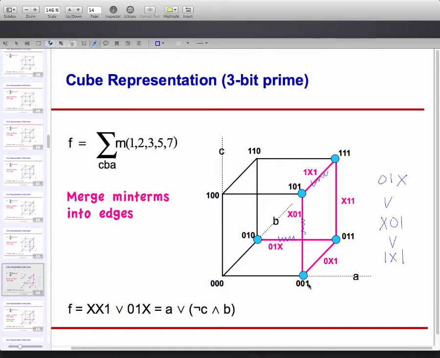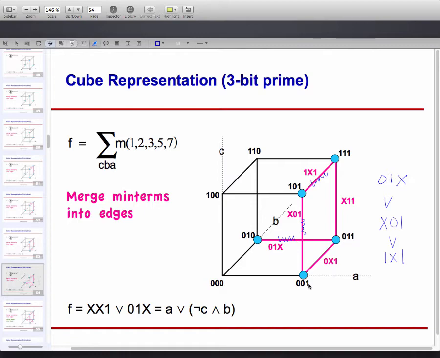If I take those 4 vertices, is there any literal which is remaining constant? A equal to 1, right? What about B and C, am I covering all possible combinations? There are 4 possible combinations. All of them are being covered, right?